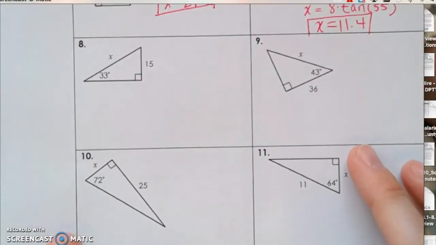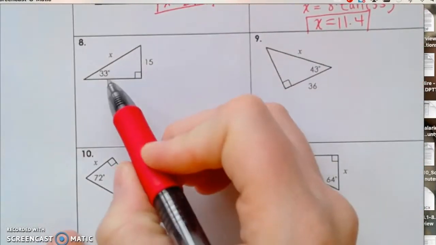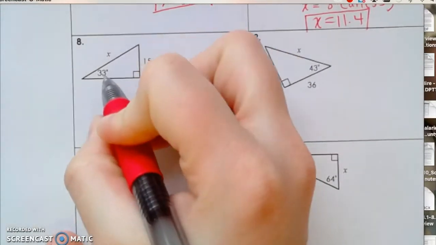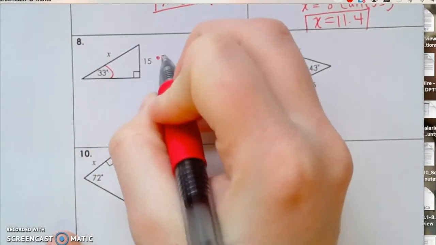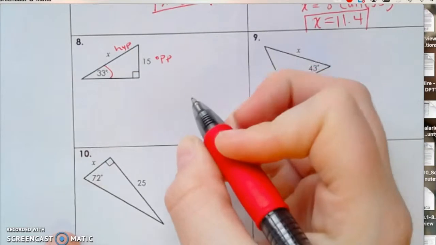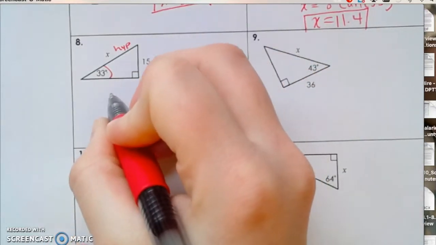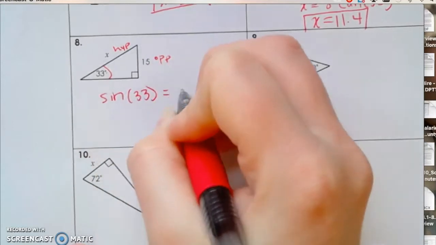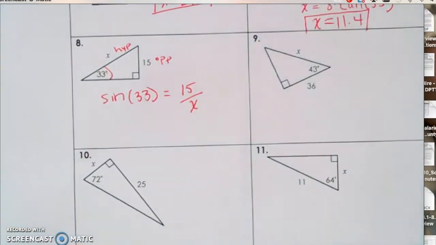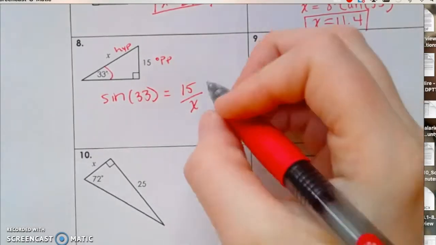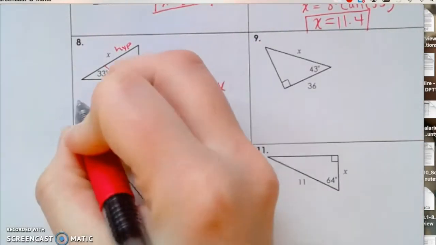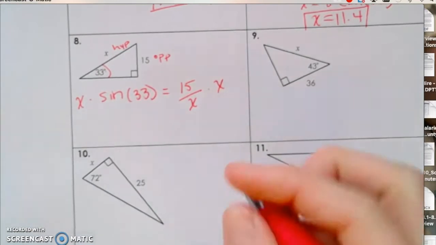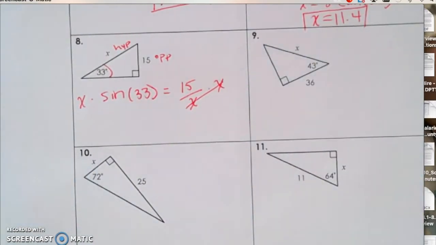Let's go through these now. Hopefully you have these written down in your paper. So for number 8, I have 33. That gives me an opposite and hypotenuse. So going through, that gives me sine. So the sine of 33 equals 15 over x. This one's a little bit tougher because you have x in your denominator. Multiply both sides by x. It'll cancel it out over here.